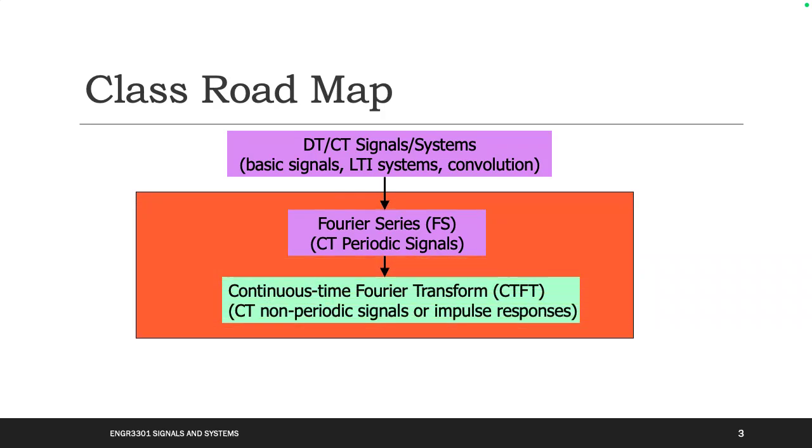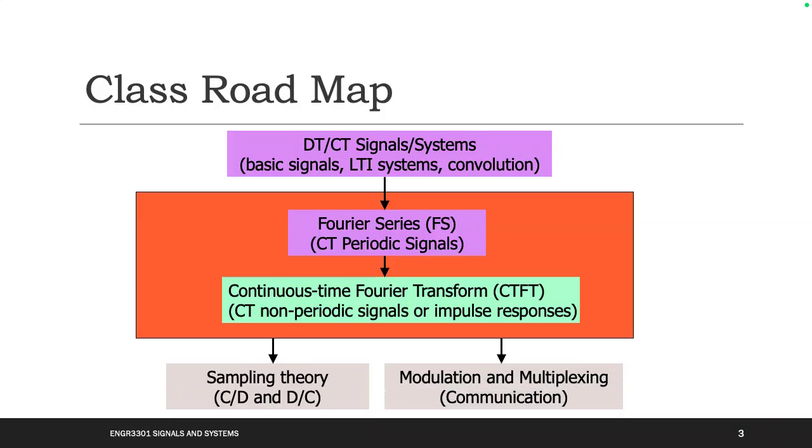And then today, from chapter 4, we focus on the continuous-time Fourier transform, which focuses on non-periodic signals or impulse responses. After we finish the Fourier transform, the Fourier series and the Fourier transform can help us understand sampling, why we can use sampling to analyze a signal, and why we have modulation and multiplexing in communication.